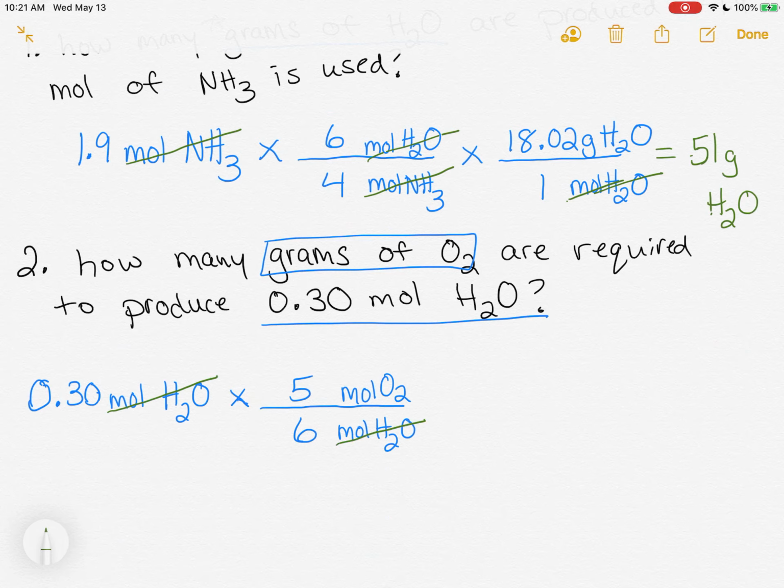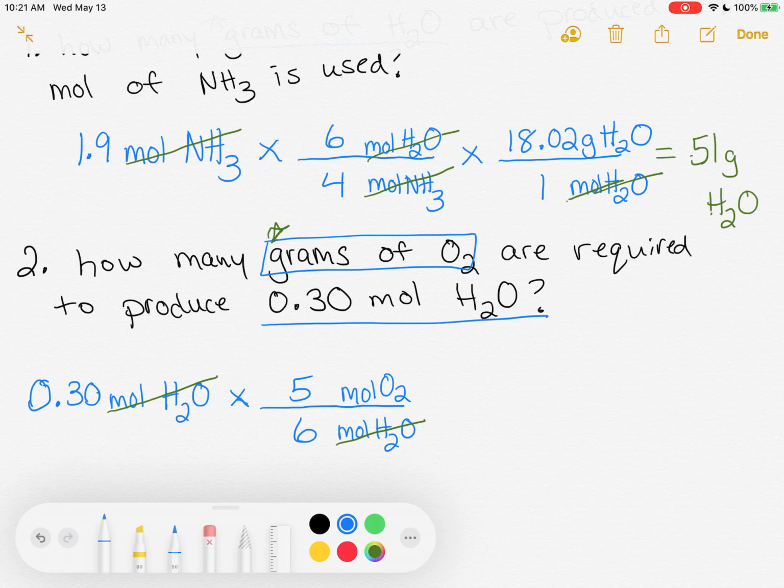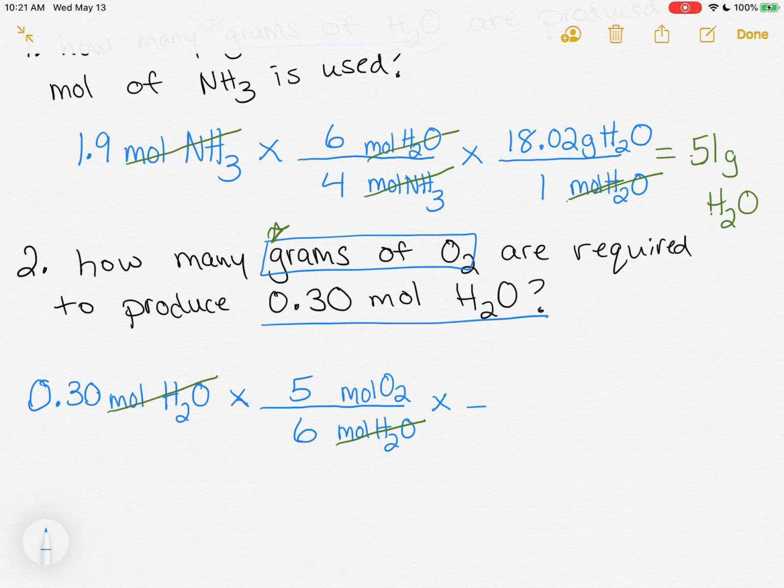Again, that just comes from our balanced reaction. So that's going to allow us to cancel out moles of H2O. And if we just finished there, that would give us moles of O2. But we want grams of O2.